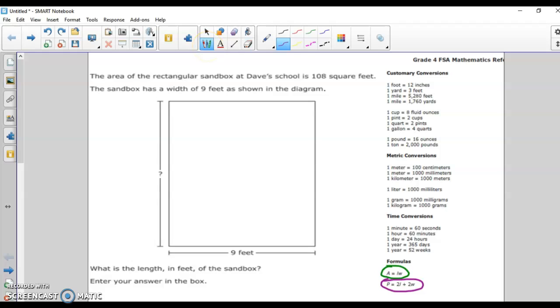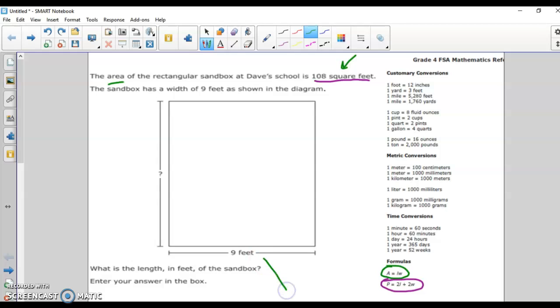The area of the rectangular sandbox at Dave's school is 108 square feet. When you see 108 square feet, that means area. It even says area here. The sandbox has a width of 9 feet as shown in the diagram.